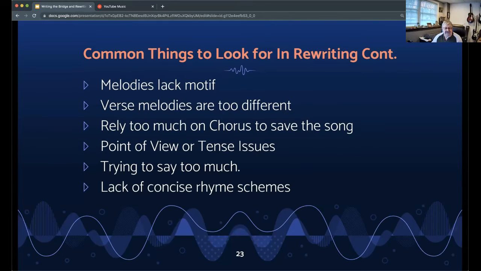So the same scheme for verse 1, verse 2, and verse 3. Correct. Okay. Yep. So the thing that should be changing in your verses is really the lyrics, right? Everything else is kind of the same. Yeah. And your choruses, most of the time, everything stays the same because you want people to hear that the most often. And that's how they become able to sing that the most. Awesome. Good question, Ron.